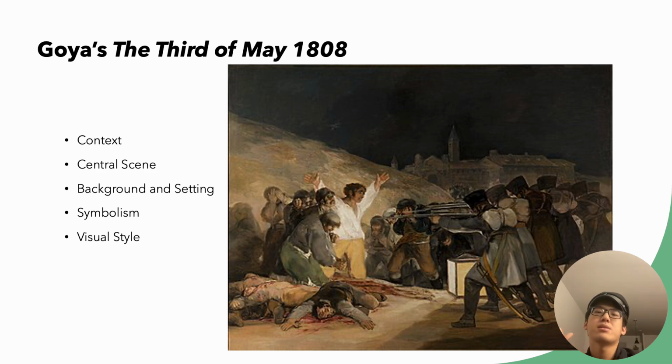The soldiers are dehumanized: the French soldiers are depicted faceless, emphasizing their role as instruments of war rather than individuals. And the use of light: a lantern illuminates the victims and focuses on their humanity, while the soldiers are cast in shadow, symbolizing the inhumane nature of war.